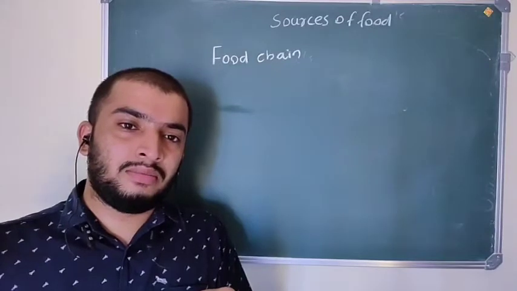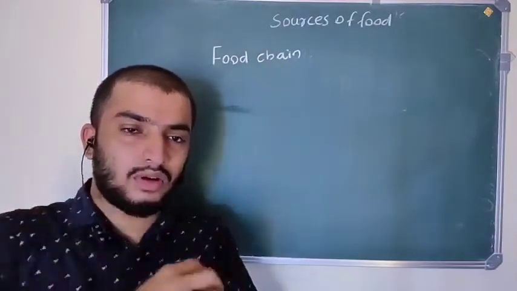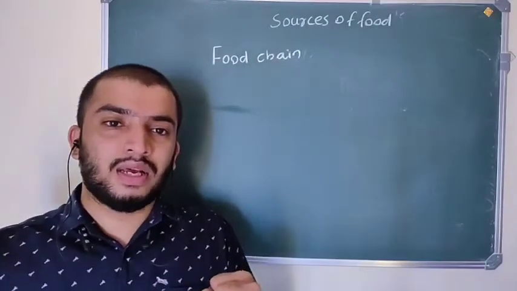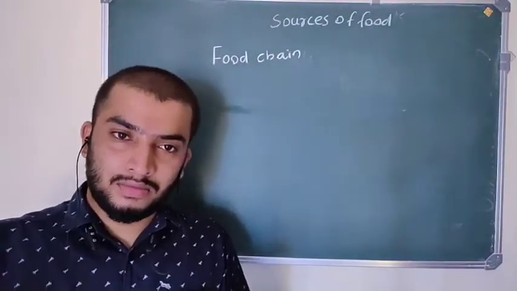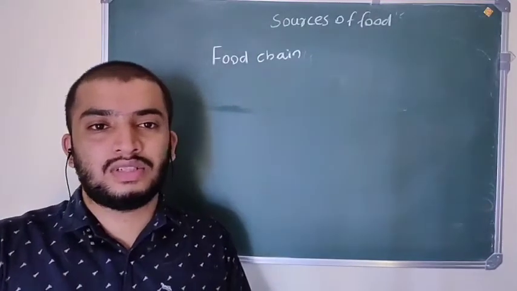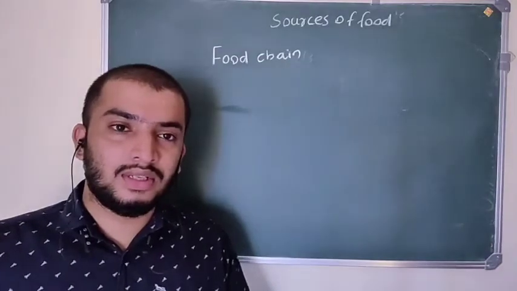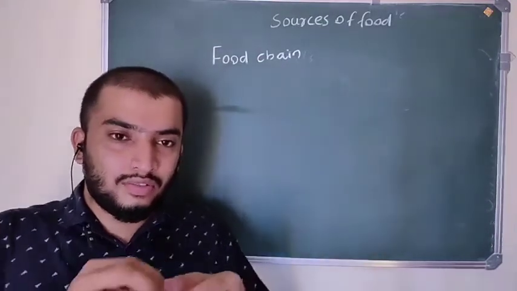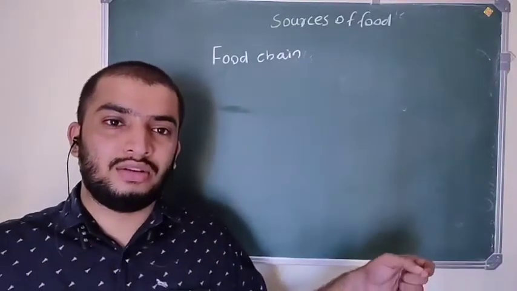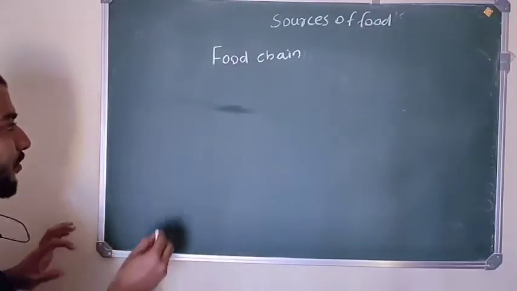After some time a snake comes and eats the frog. Then an eagle comes and eats the snake. So each organism eats another organism as its food, and they form a chain. That is called a food chain. This is an example of a food chain.